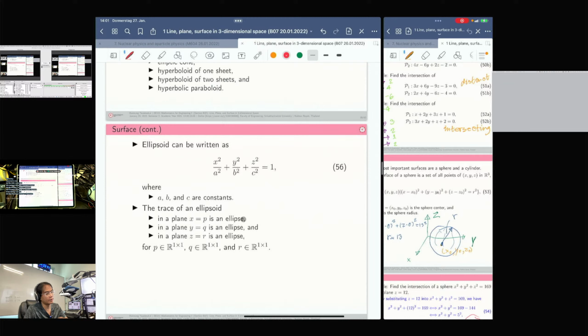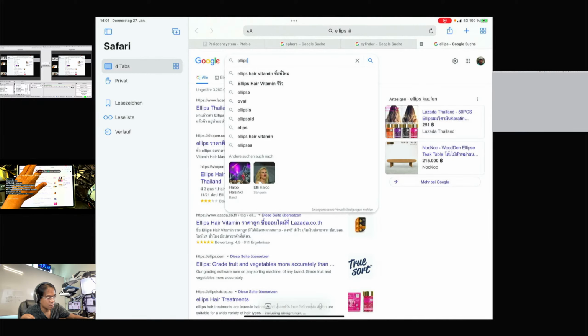What is an ellipse? Ellipse is this one, or in Thai it's called วงรี, or oval, you can say.